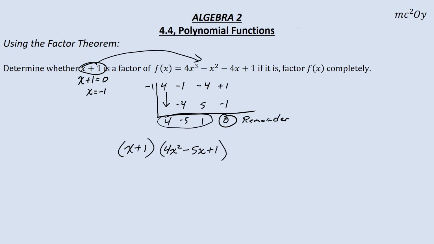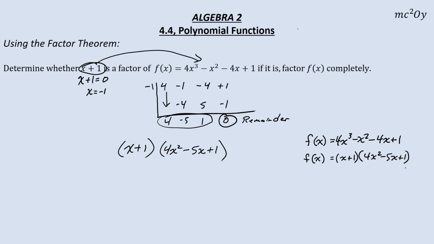Just so we're clear what we've done here, we went from f of x equals 4x cubed minus x squared minus 4x plus 1 to f of x equals x plus 1 times 4x squared minus 5x plus 1.